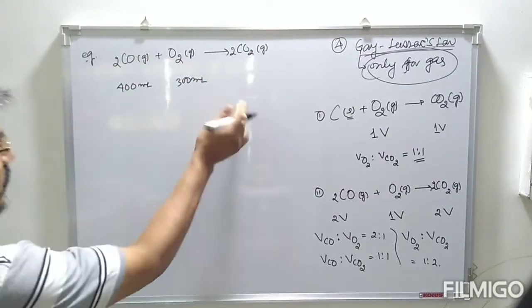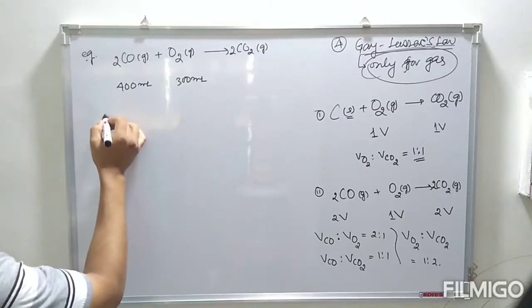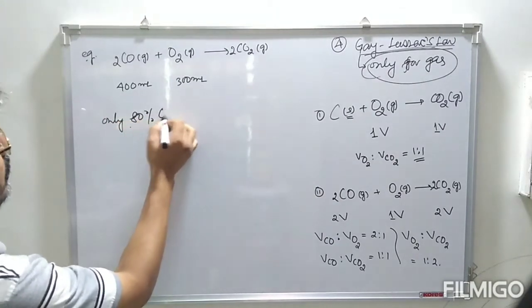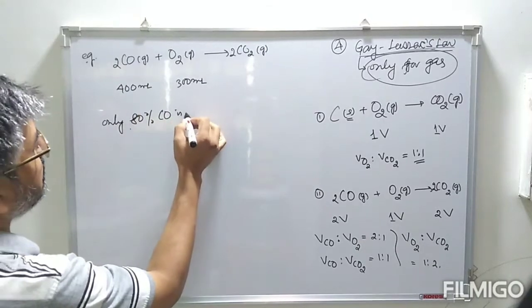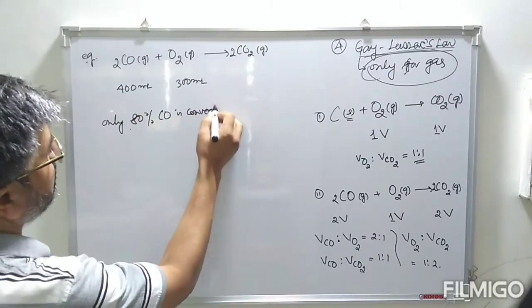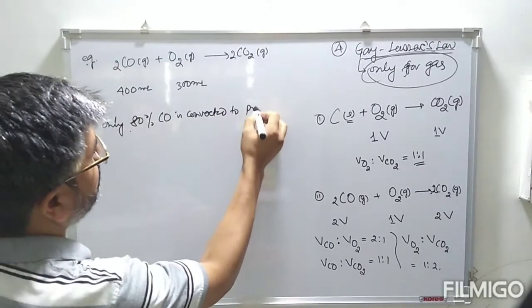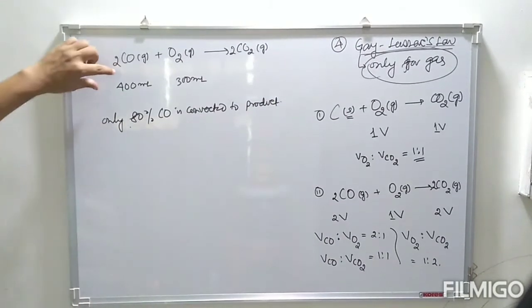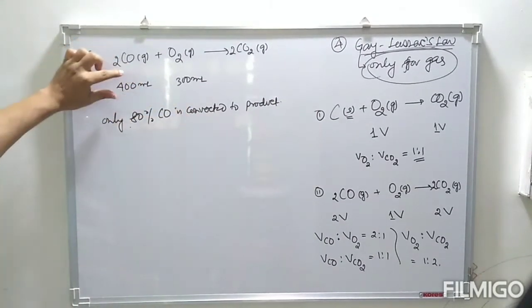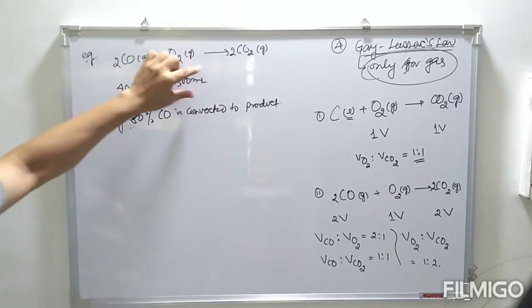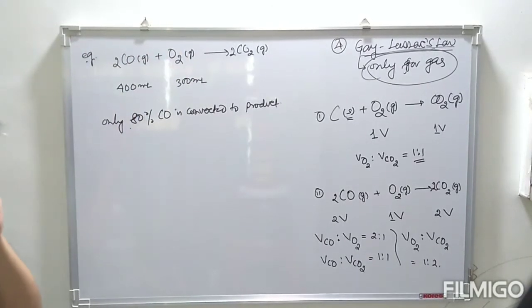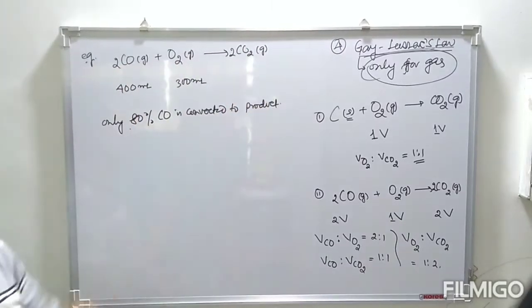Question says, during the course of the reaction, only 80% of carbon monoxide is converted to product. So the initial container contains 400 ml of carbon monoxide and 300 ml of oxygen. Both are mixed in a container, the reaction takes place and the product forms according to this balanced reaction.